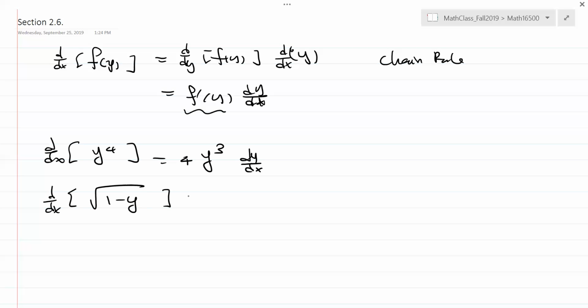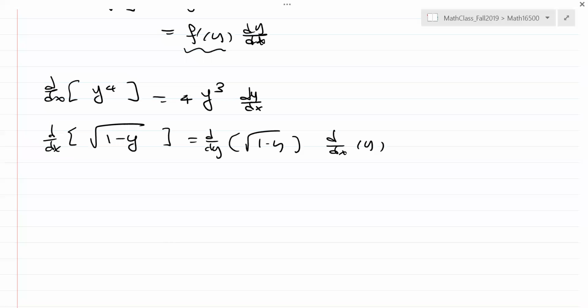Okay, if you differentiate this with y first, then well, it's a little bit complicated here, right? So you have to differentiate this with respect to y first, then differentiate y with respect to x. Okay, so I hope you know that this is going to be negative of this. Okay, and then dy over dx.